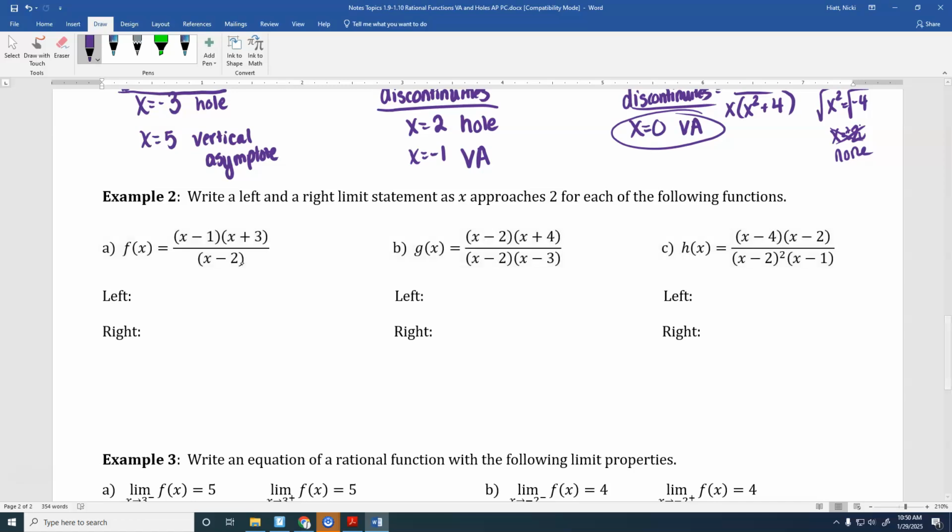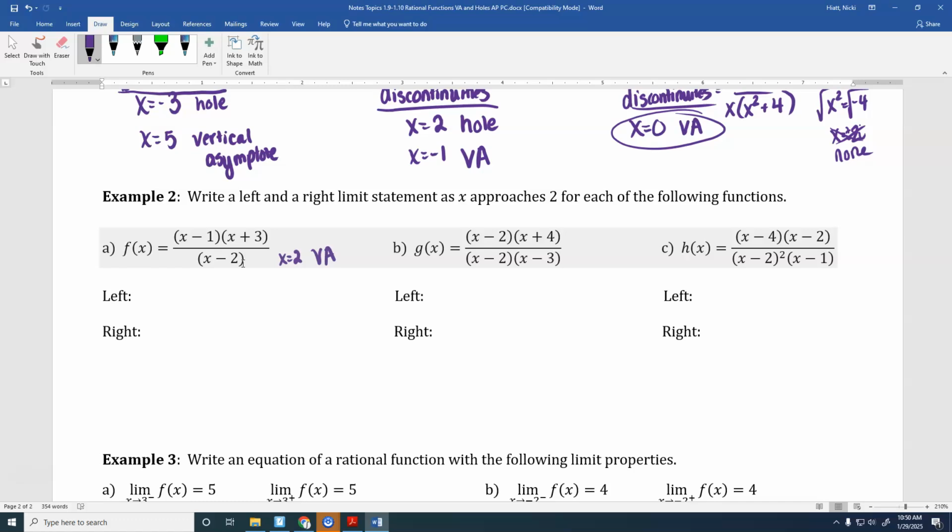At x equals 2, do we have a vertical asymptote or a hole? Vertical asymptote, because that does not cancel with what's in the numerator.